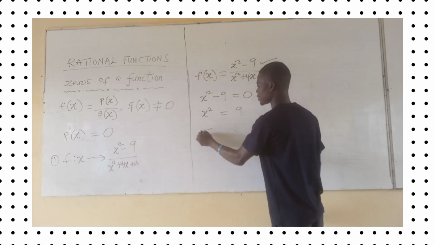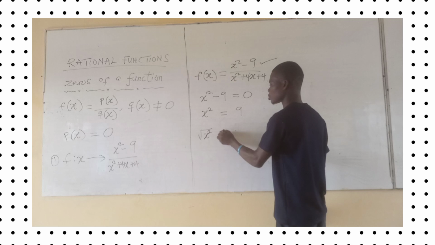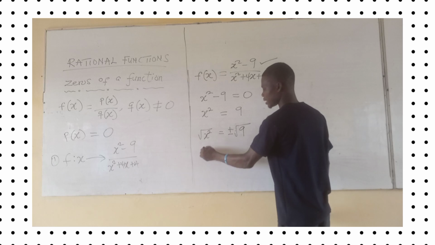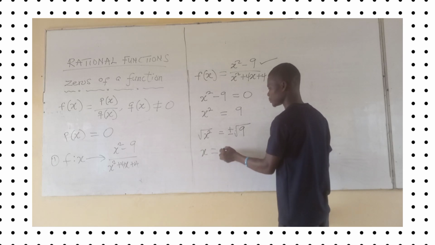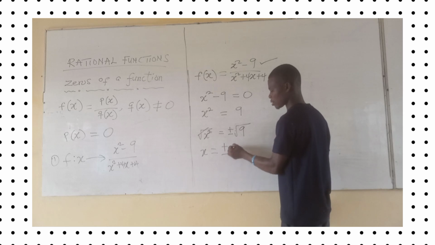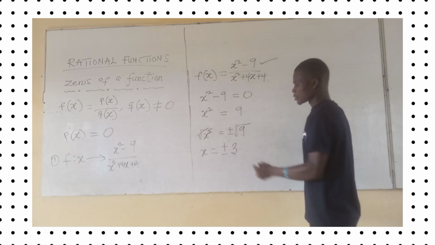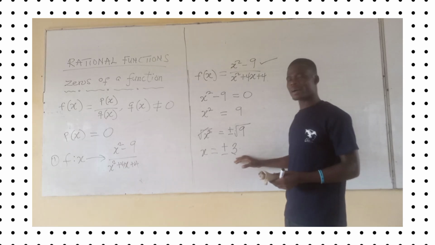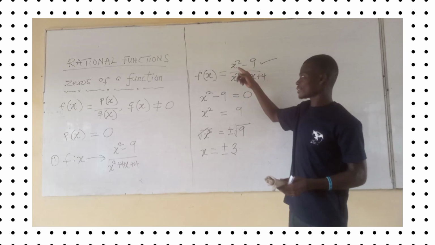We have the root of s squared, which is equal to plus or minus the root of 9. So s is equal to plus or minus 3.